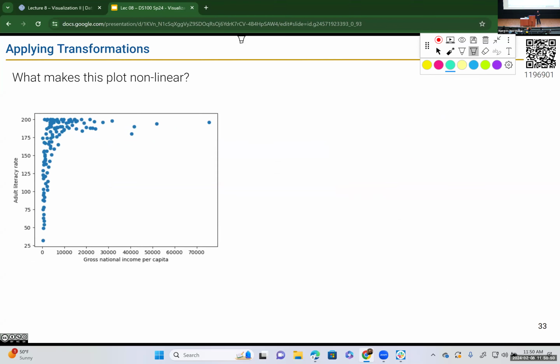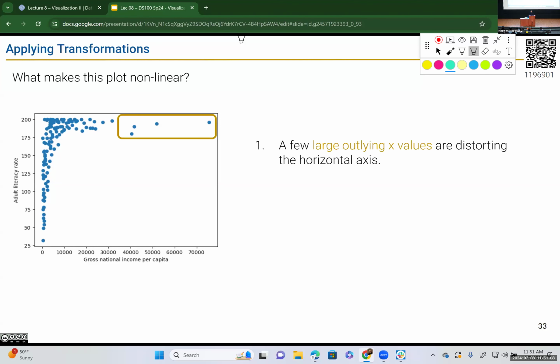How can I linearize this specific data? And what do I mean by linearizing? What are the issues that I have to resolve so that I have a linear relationship between whatever values I have on X and whatever values I have on Y? This is the first issue. The issue is that I have some outlier values or these large values on the X axis, right?